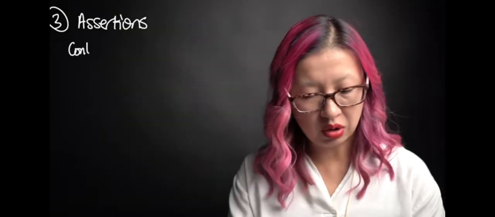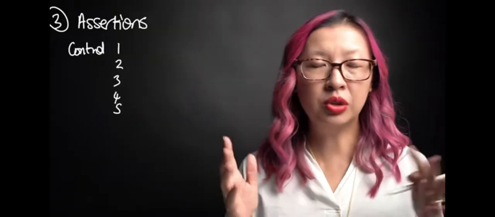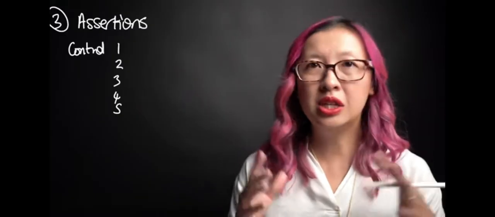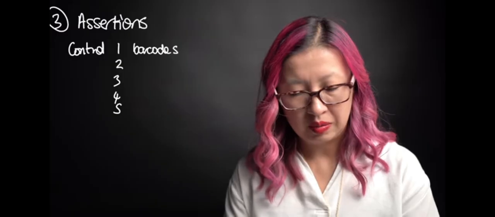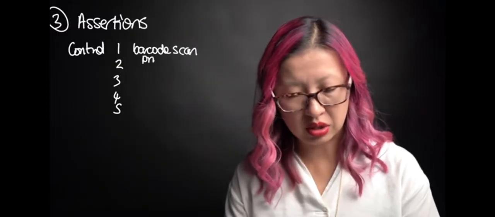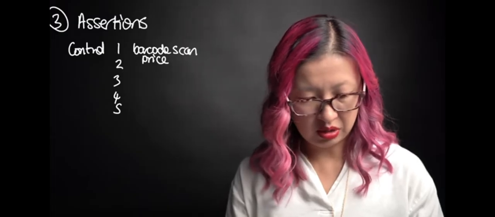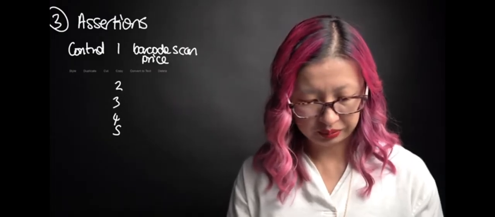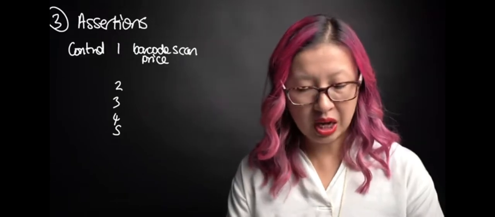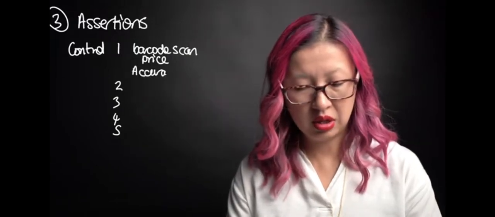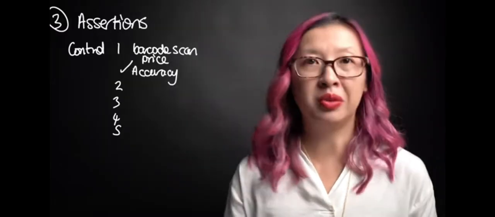So I might have a control 1, 2, 3, 4, 5, and then I'm going to look at those controls and I'm going to say, okay, this control of barcode scan for a price, all right, let me just move these down a little bit. So the idea of barcode scanning for a price really helps us with accuracy of our transactions, all right? So that's really good. We've got a control.